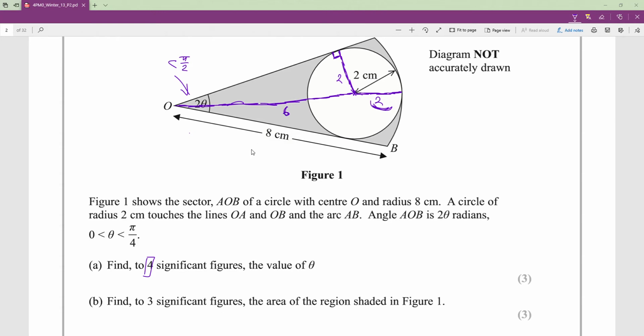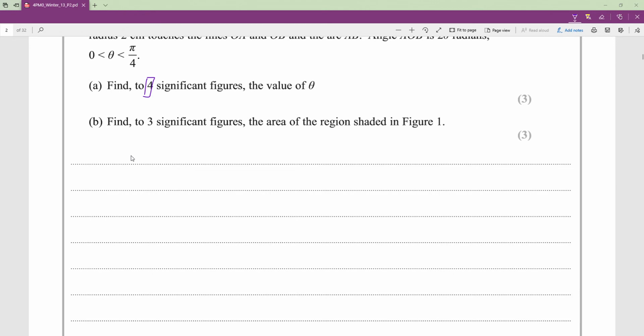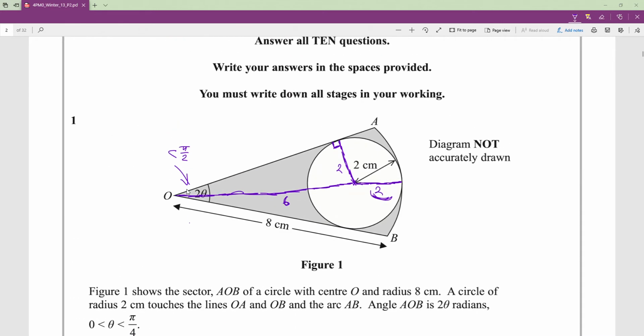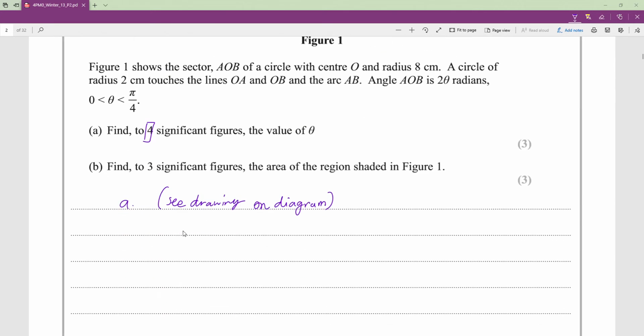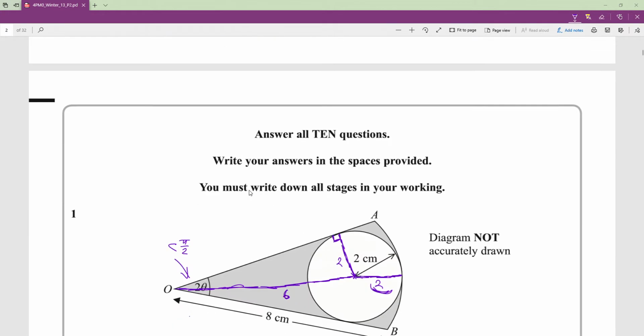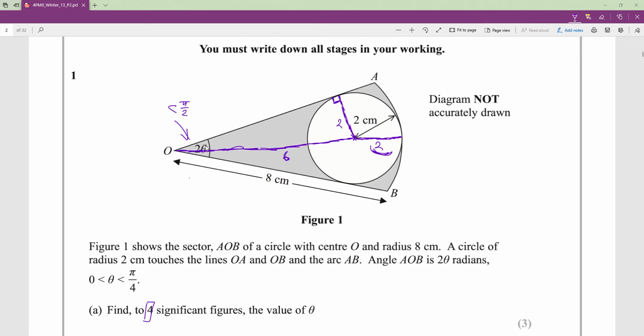Now we have a triangle, so we'll put it on the diagram. Now we have this triangle here, which is going to be very useful to us because we're looking at that radius here. This cuts the angle 2 theta in half, so the angle here is actually just a single theta.